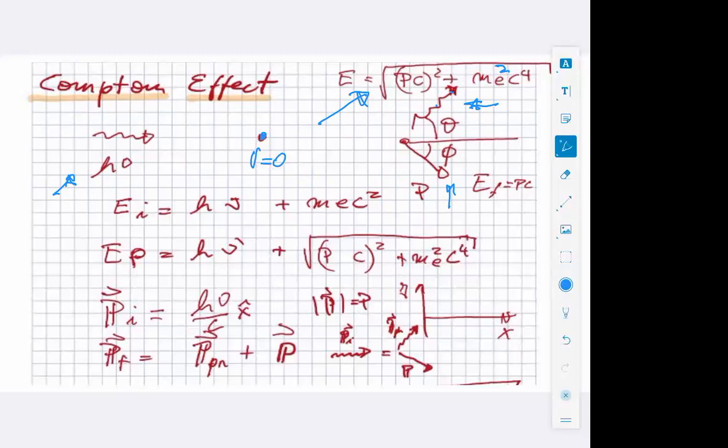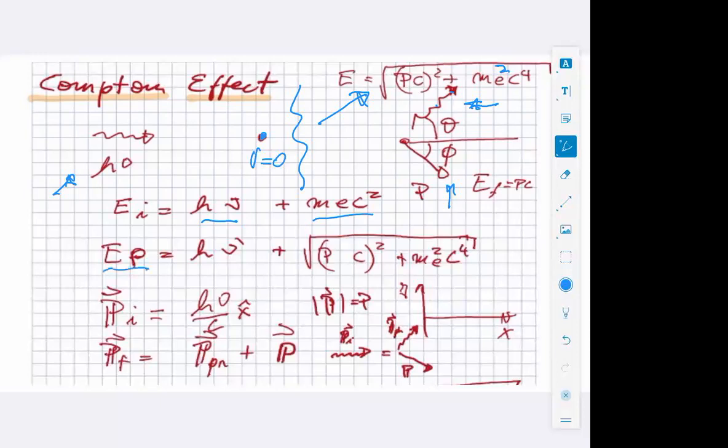That's the story. So the initial energy of the system: what is the initial energy? Well, it is the energy of the photon plus the rest energy of the electron. That's the initial energy. What is the final energy?